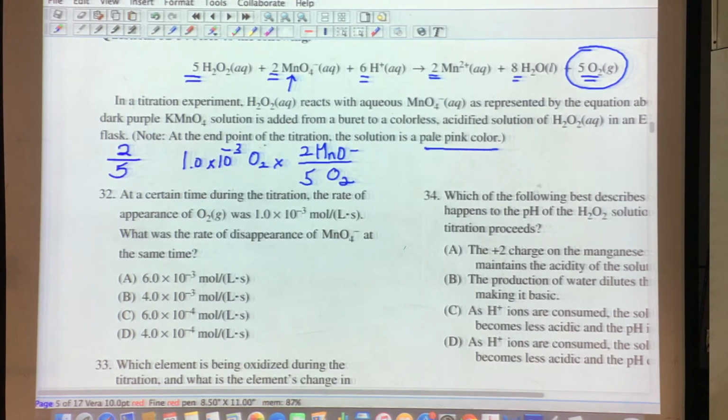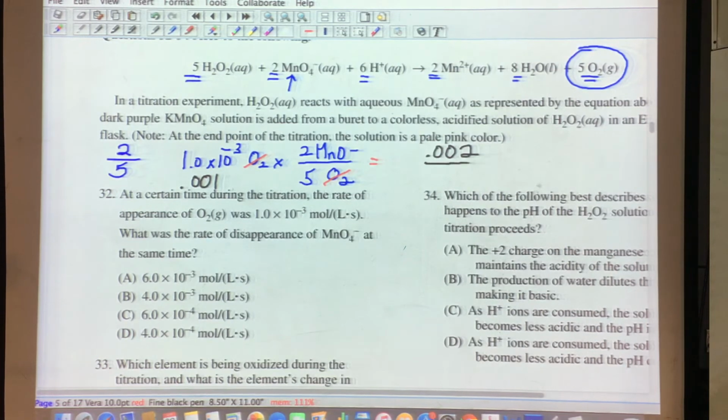Some people can see it right away. But if you have the rate of appearance of the oxygen, now you're going to have the rate of disappearance of the permanganate. So all I have to do is multiply this by 2. I know we don't have a calculator, but you can do this. 0.001 times 2 becomes 0.002.